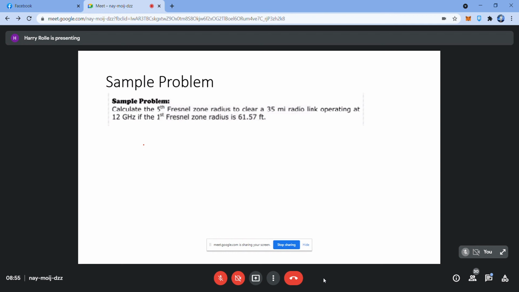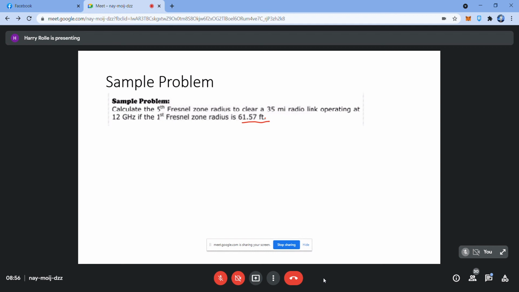Okay. Anyone? Anong formula ang gagamitin natin? Gagamitan po ba ng higher Fresnel zone radius na? So what we're going to do is just use, since given na daw yung first Fresnel zone mo at 61.57, tapos hinahanap mo lang naman yung F5, di ba?